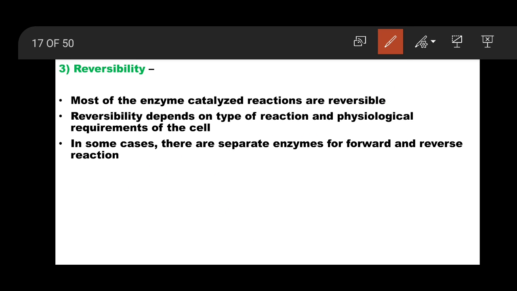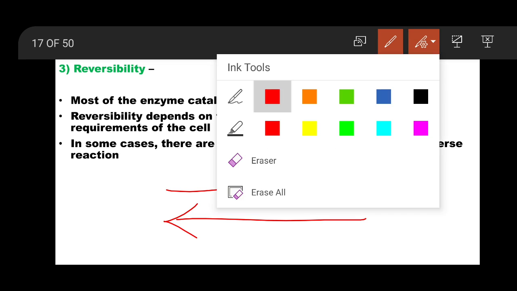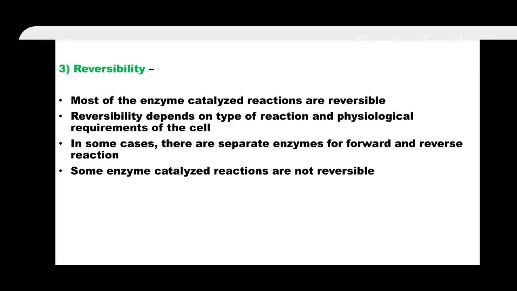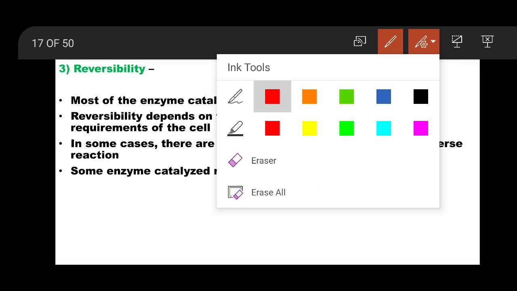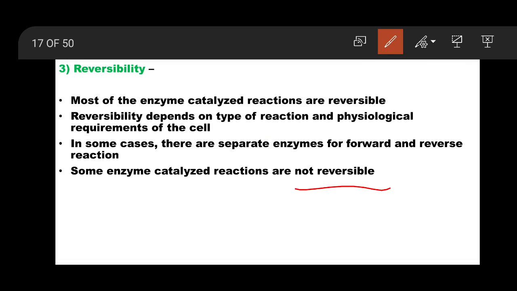In some cases, there are separate enzymes for forward and reverse reactions. For the forward reaction, the enzyme will be separate, and for the reverse reaction, the enzyme will be separate. Some enzyme catalyzed reactions are not reversible. Many reactions which require enzymes for their proceeding are not reversible.